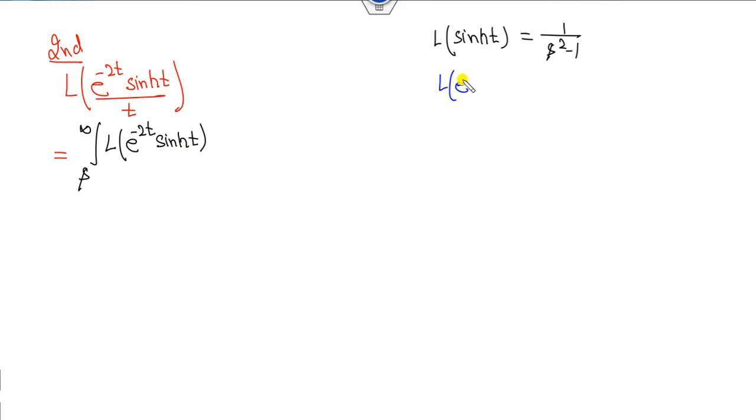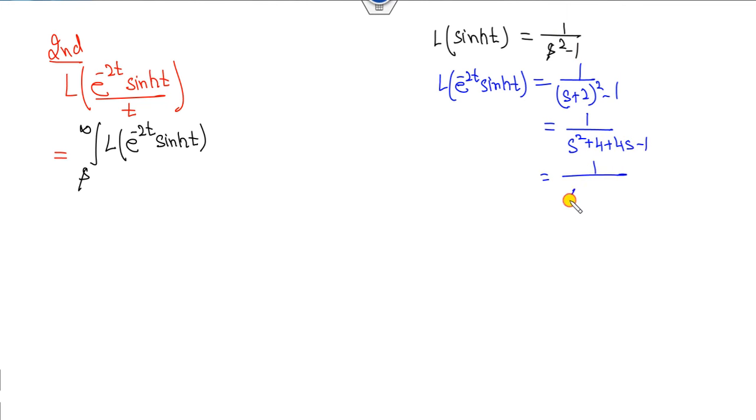So Laplace of this, by using the shifting first theorem, it will be (s plus 2) square minus 1. So I can open this. It will be s square plus 4 plus 4s minus 1. That is s square plus 4s plus 3. So I can factorize them: (s plus 3)(s plus 1).